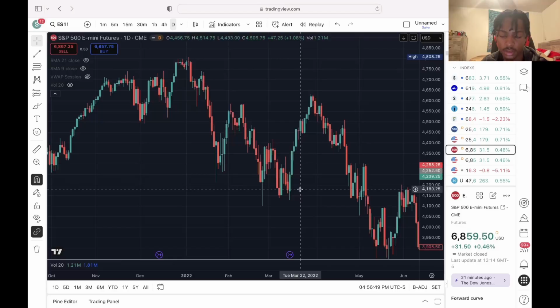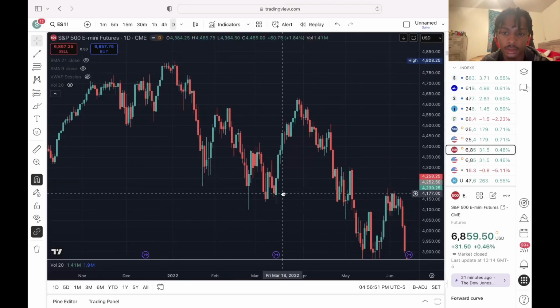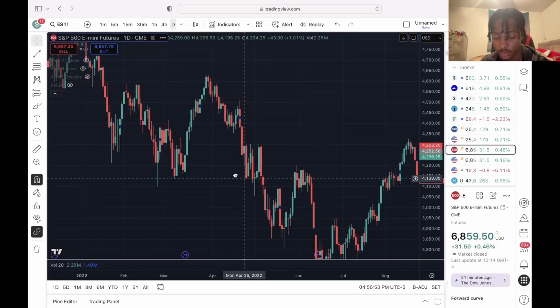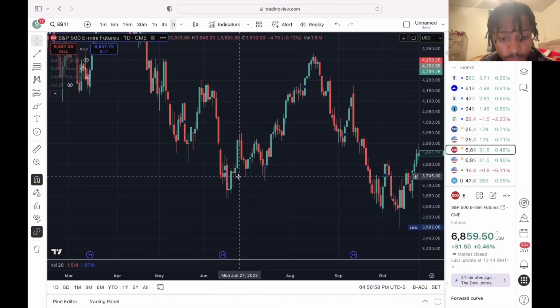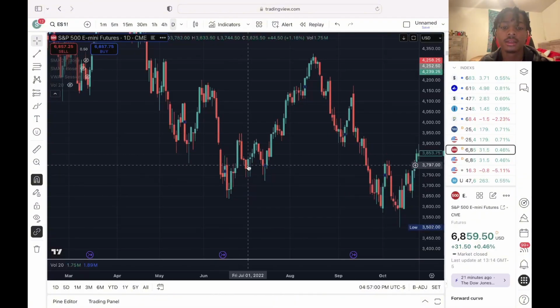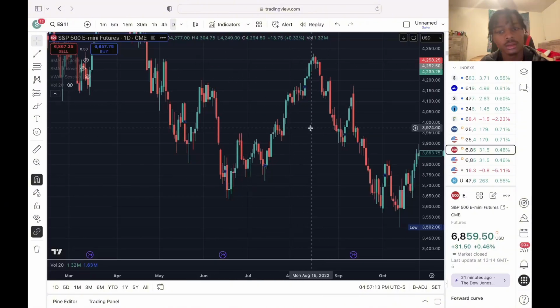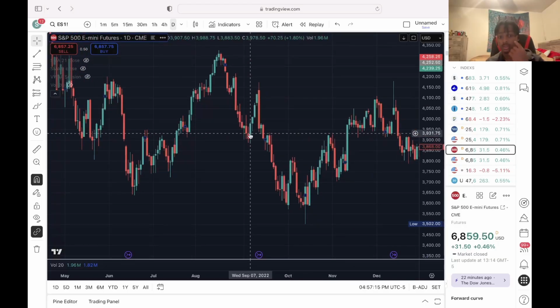Those are the keys to a downtrend. But the contrary is true for an uptrend. It's high, higher low, higher high, higher low, higher high, and that's an uptrend. Makes it super easy, super simple.